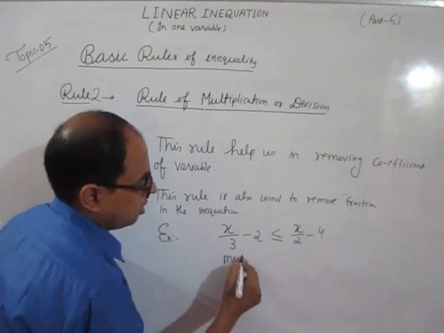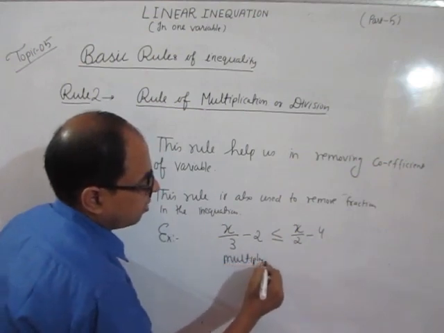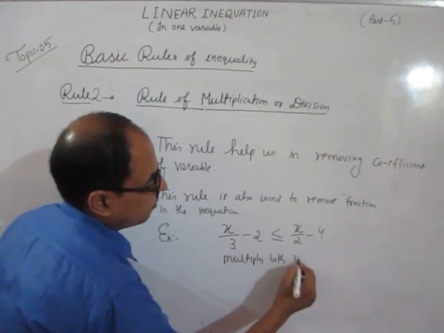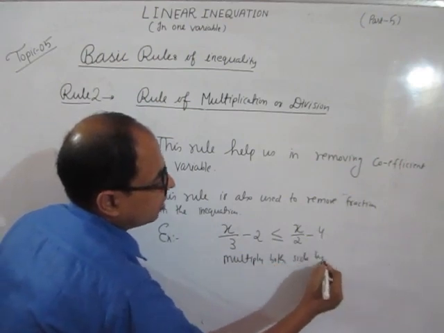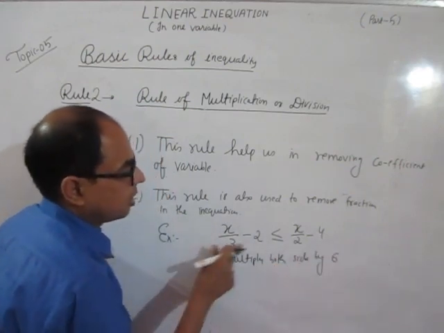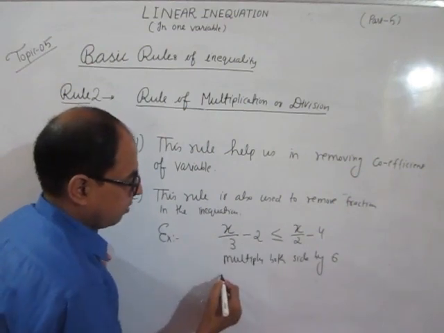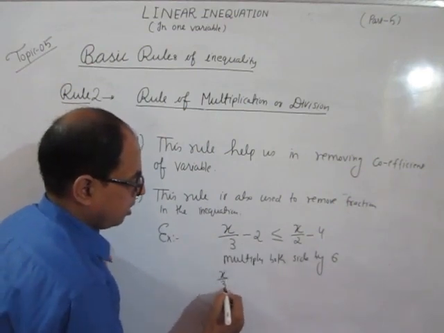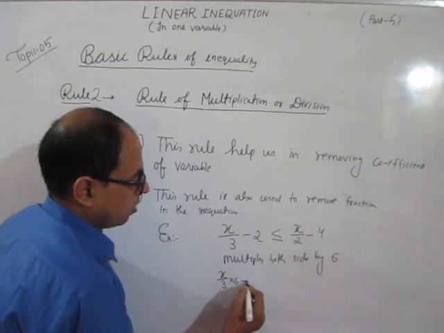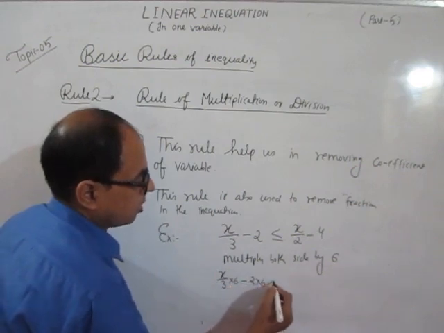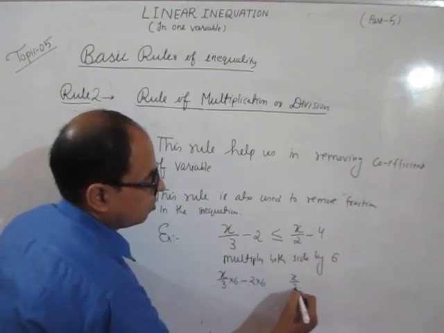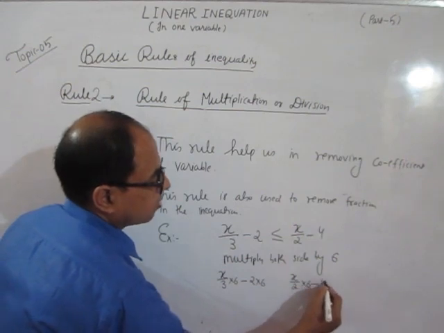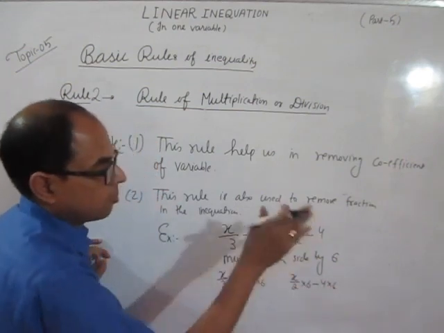Multiplying both sides by 6, that is the LCM of 3 and 2. So it will be x by 3 into 6 minus 2 into 6, x by 2 into 6 minus 4 into 6, multiplying each term by 6.